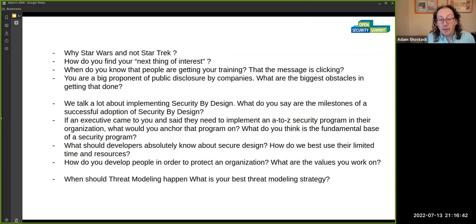So, I'm lucky. I work with people who develop spaceships. They're very waterfally. We do a very waterfally sort of threat model. I work with other people who deploy 1,000 times a day.